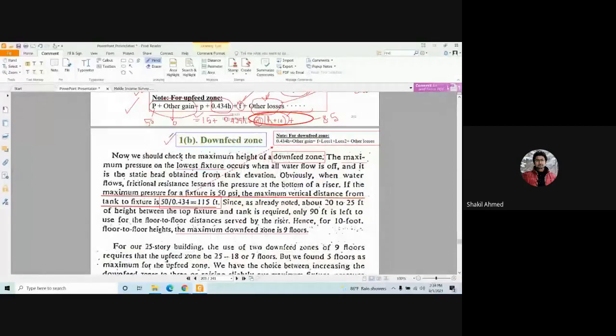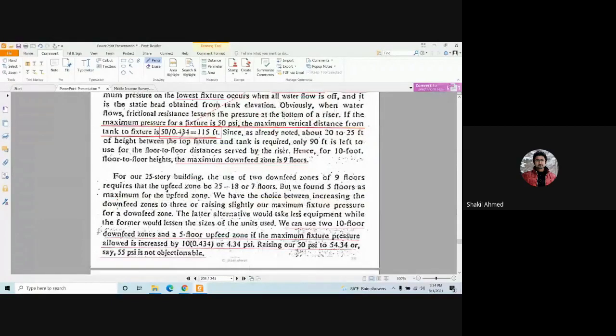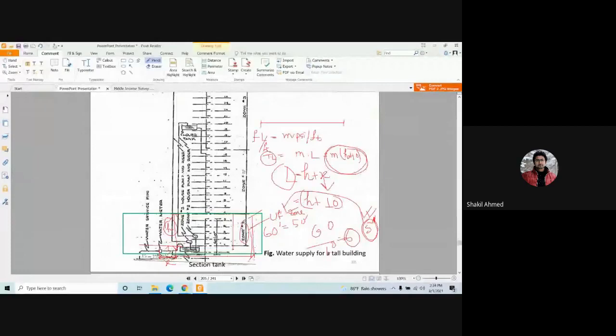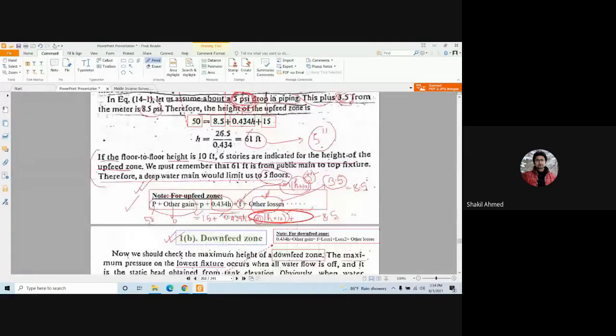So now let's talk about the downfeed zone. In case of the upfeed zone, always remember in this equation, this is the minimum fixture pressure, guys. Yes, sir.